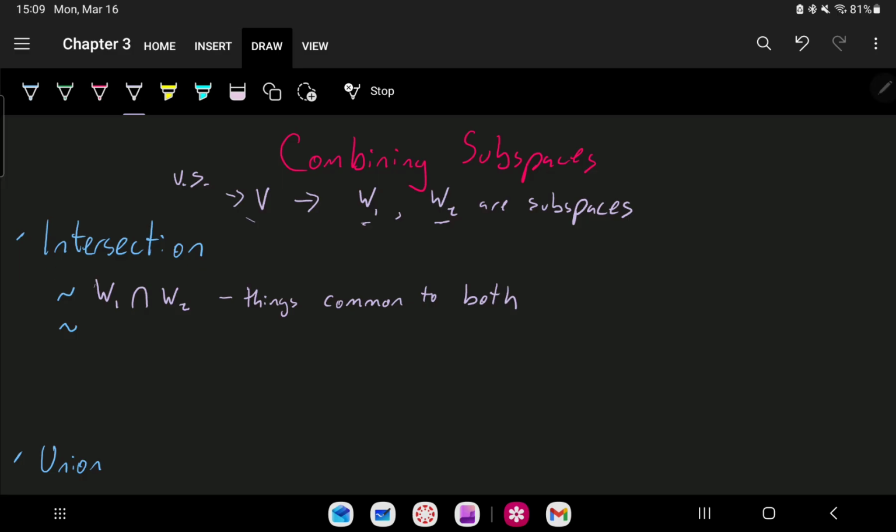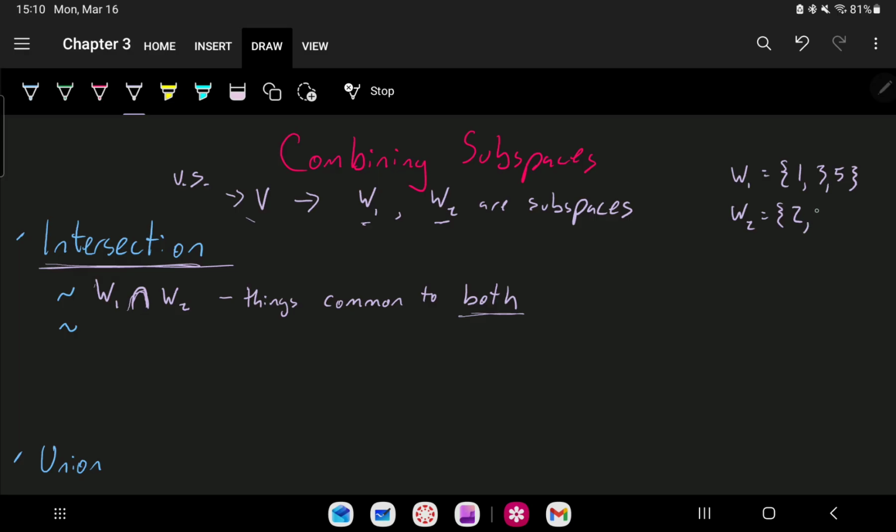So, for instance, if you have an intersection, so if you remember from set theory, that'd be W1, this little upside down U thing, W2. That's going to be things common to both W1 and W2, right? So let's say W1 is 1, 3, and 5. We're not really using vectors, we're just having a set here.